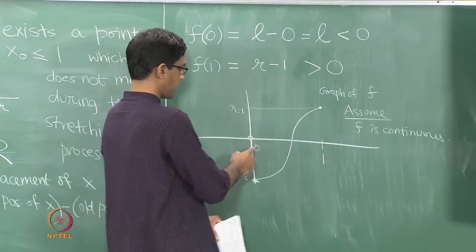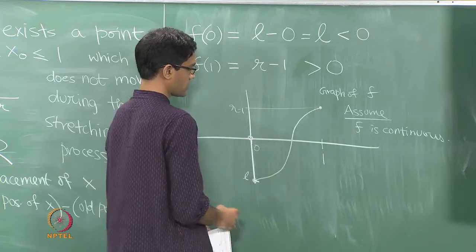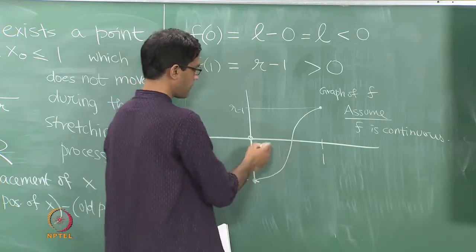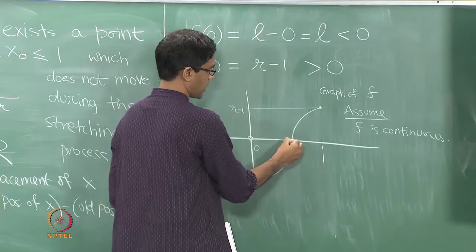Now the fact that at 0 it took a negative value and at 1 it took a positive value means that by the intermediate value property there exists some intervening point at which it takes the value 0. This graph must cut the x axis, that is basically all it means.